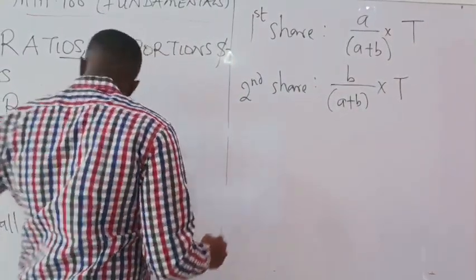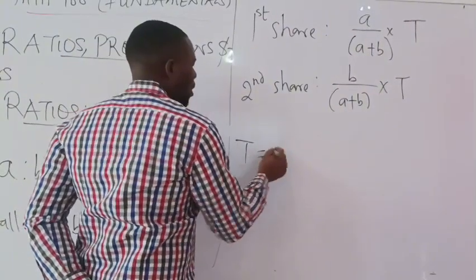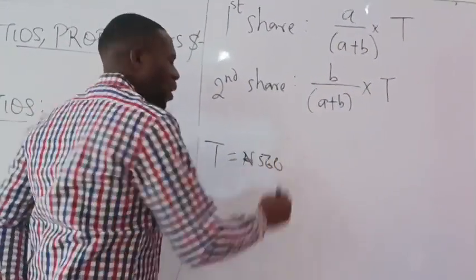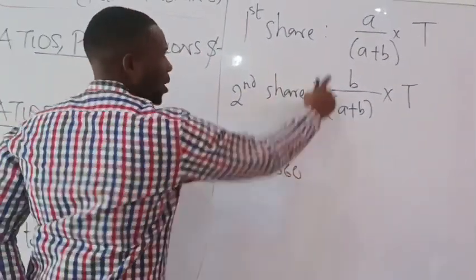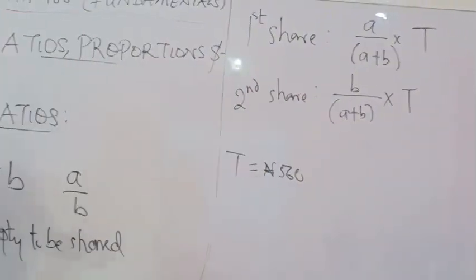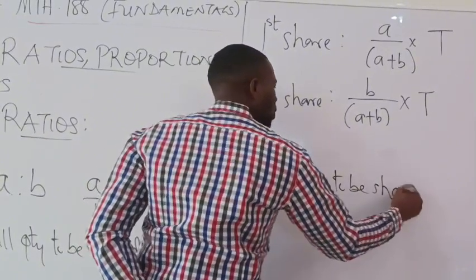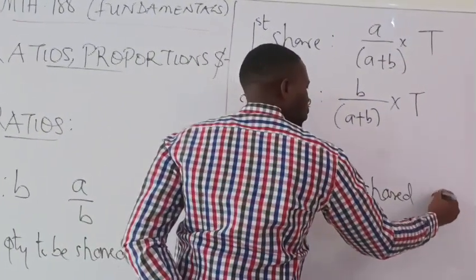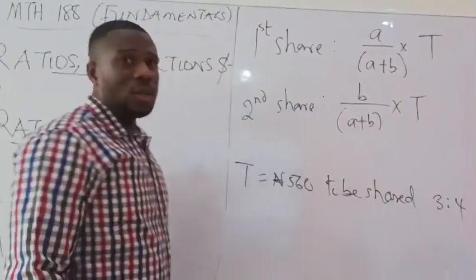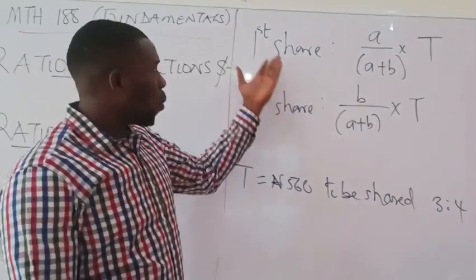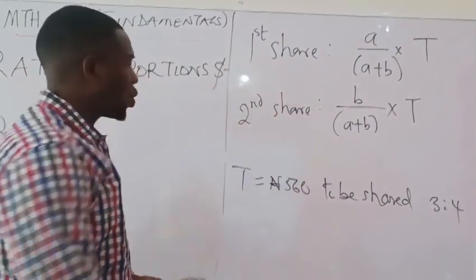So let's do a working example. Let's say the total quantity T is 560 naira, and it is to be shared in the ratio 3 to 4. We are interested in knowing what the first person's share will be and the second person's share will be.